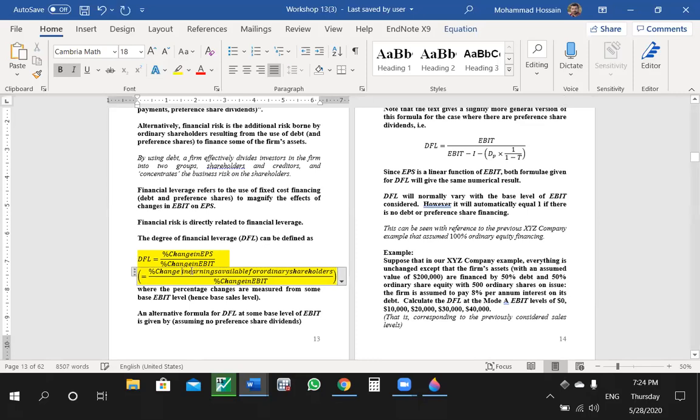It measures the change in earnings available for ordinary shareholders. So it is the percentage change in EPS, earning per share, divided by the percentage change in EBIT.